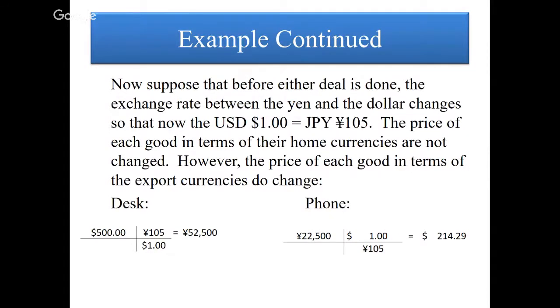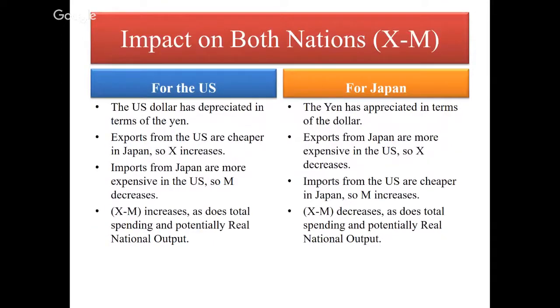Now, this is going to have an impact on both countries' net export spending, total spending, and gross domestic product. So let's talk about that next. For the United States, the dollar has lost value, depreciated in terms of the yen. Exports from the U.S. to Japan are cheaper, so exports increase.